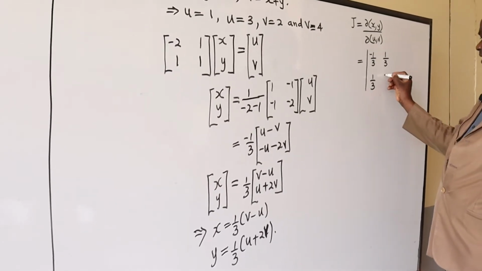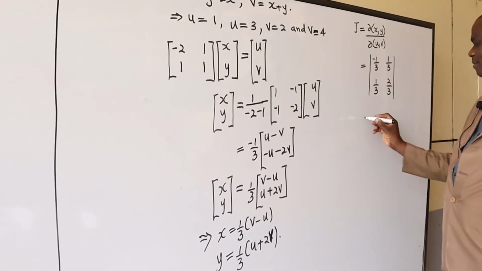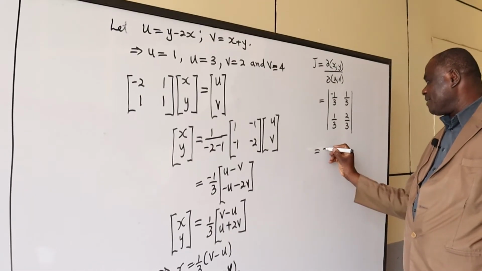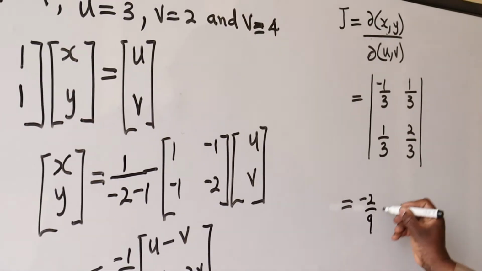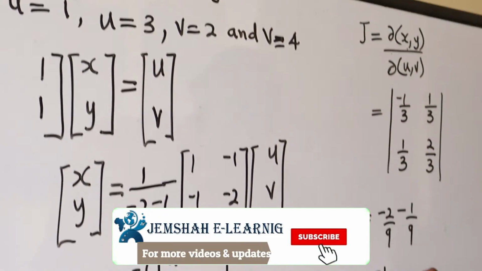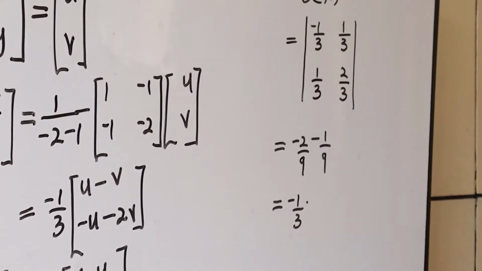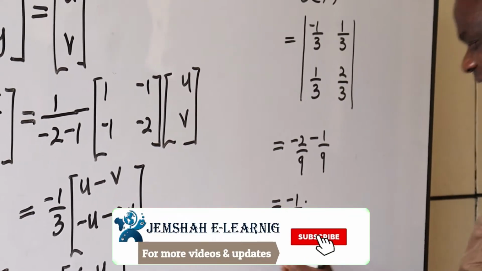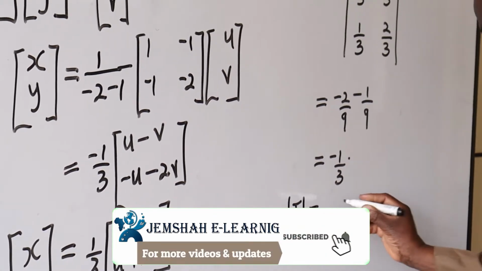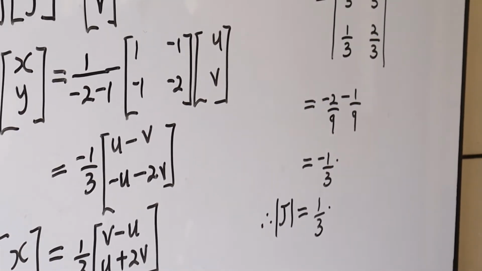And dy/dv is 2/3. So we get the Jacobian from here. The determinant of this is minus 2 over 9 minus 1 over 9, which gives us minus a third. Therefore, the absolute value of the Jacobian, what we are going to use, will be equal to 1 over 3.